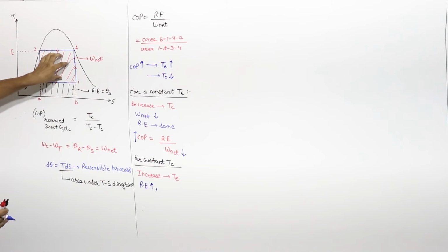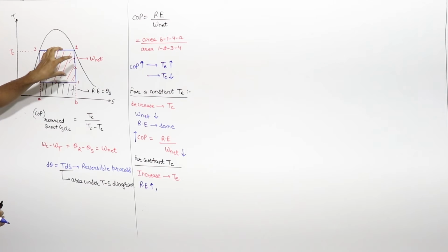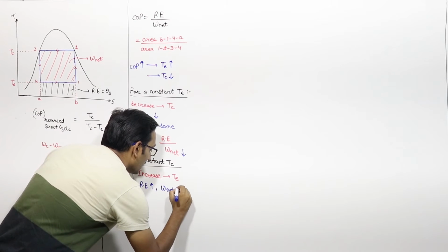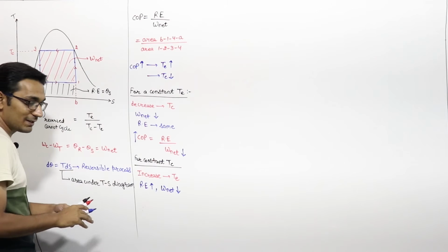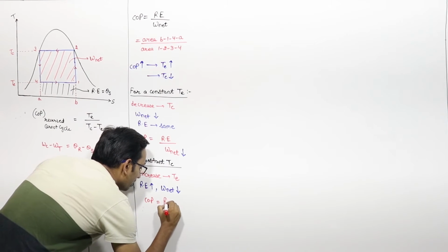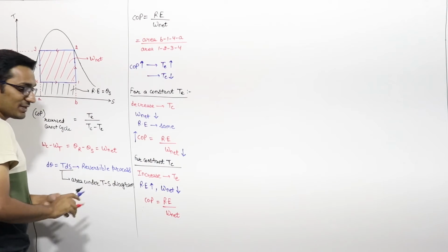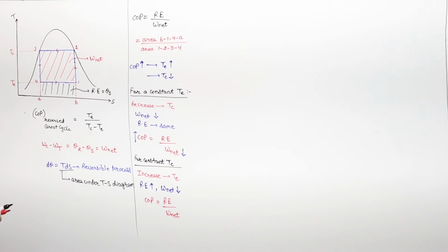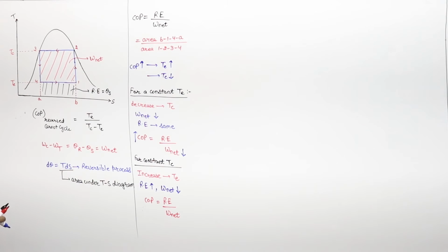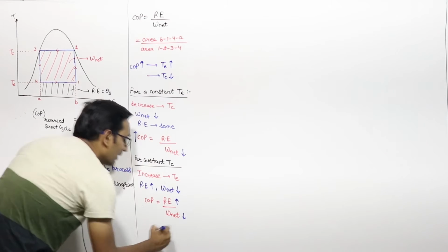And what is about this W net? If this line will move upward, so the area of this W net is also decreased. So this W net also decreases, right? So if I write that COP is equal to the refrigeration effect upon net work done. So we can say that if I make this condenser temperature constant and if I increase the evaporator temperature, then the refrigeration effect increased and W net will decrease.